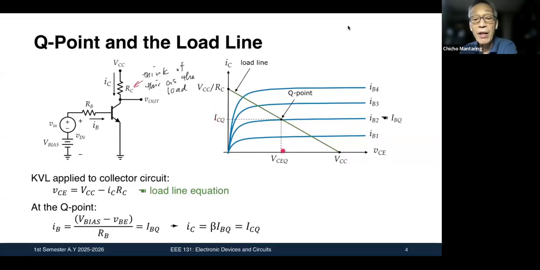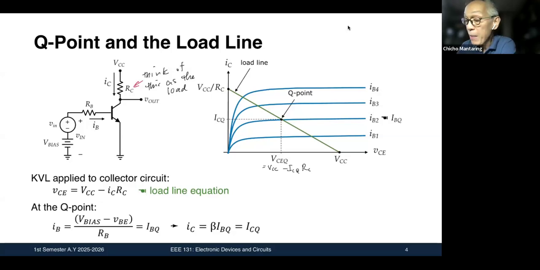And of course, you have a VCEQ. What is VCEQ? This is just going to be VCC minus ICQ times RC. VCC minus ICQ times RC will just give you VCEQ. Vout is going to be VCEQ. By the way, VCE and Vout are the same.